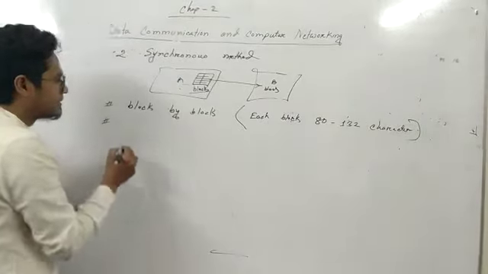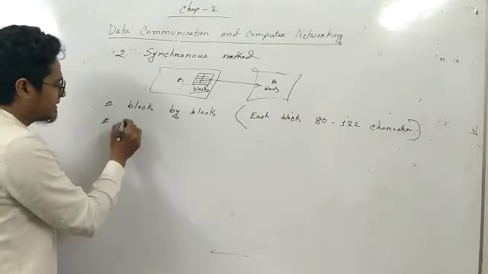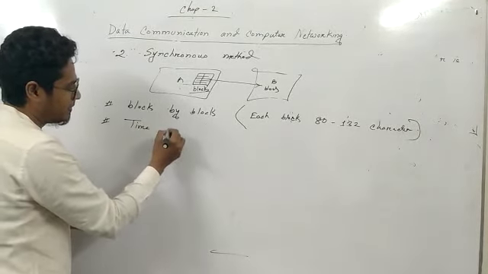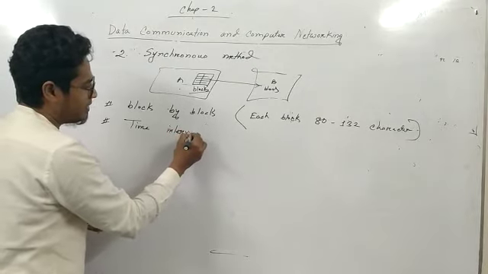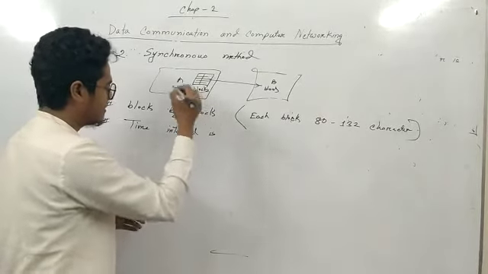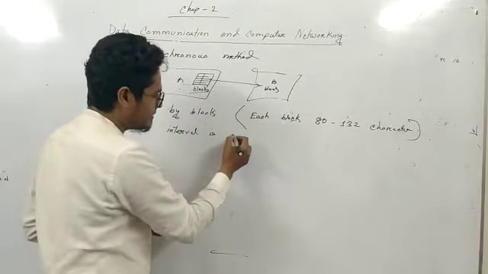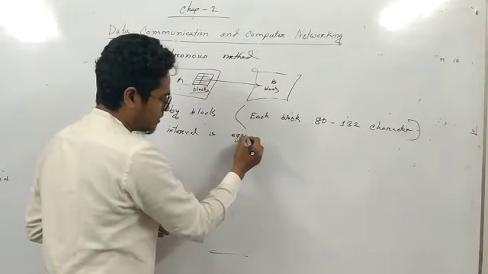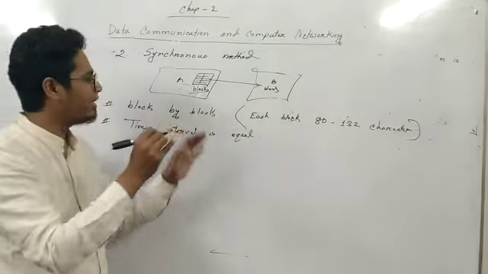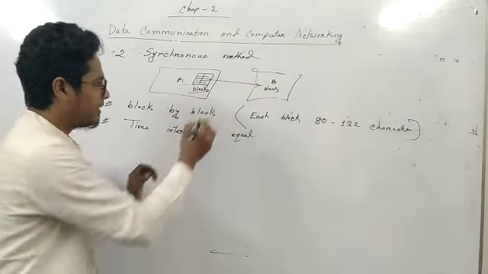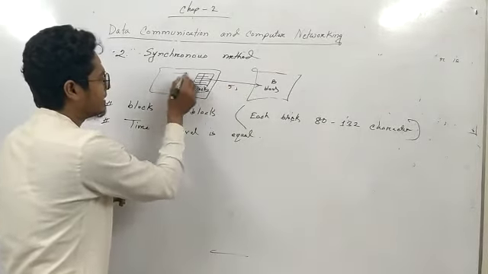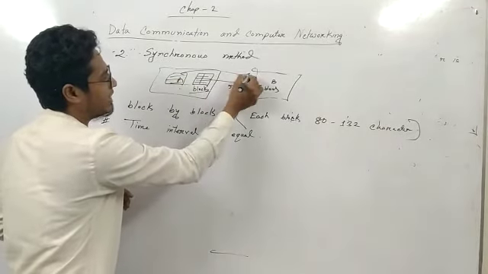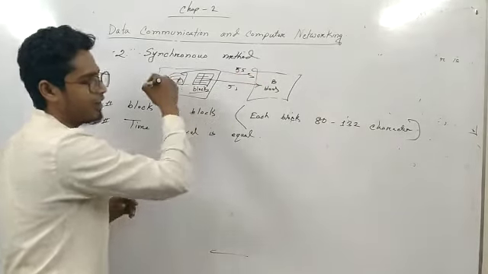Then the second one is time interval. Time interval is equal. That means if one block takes 5 seconds, then the second block will also take 5 seconds.